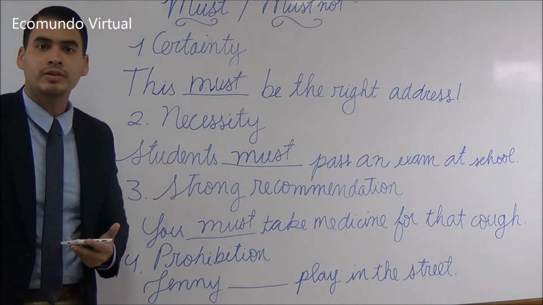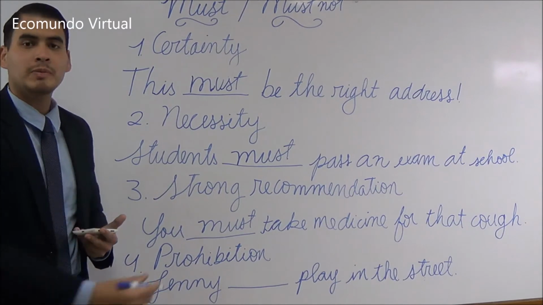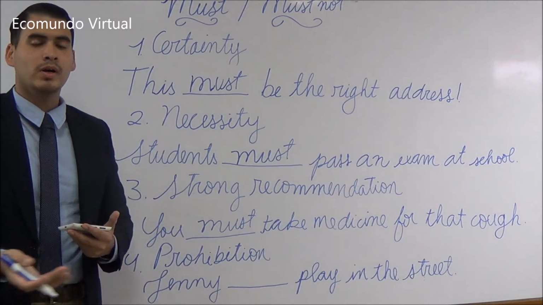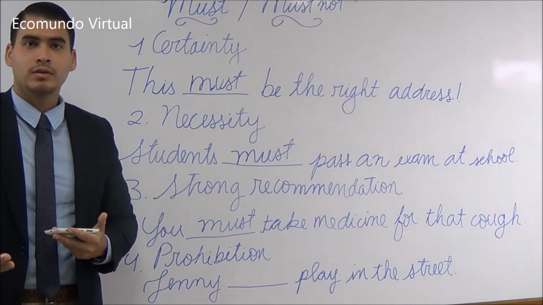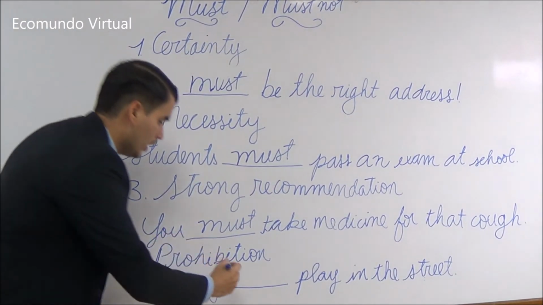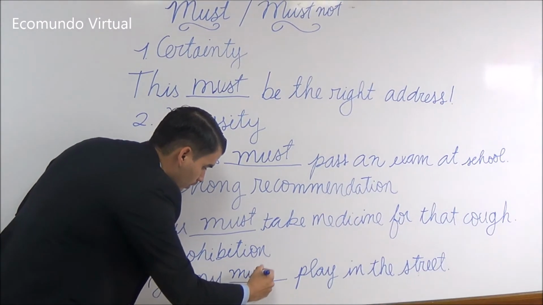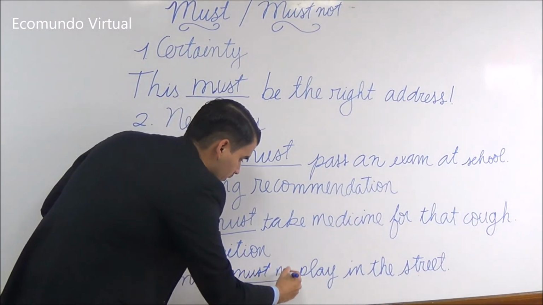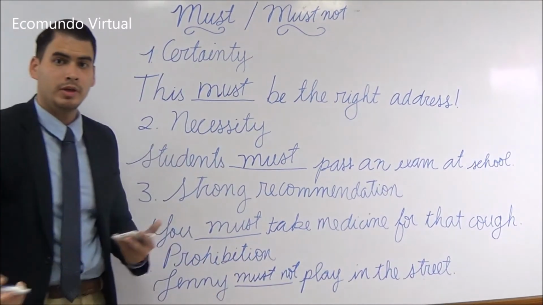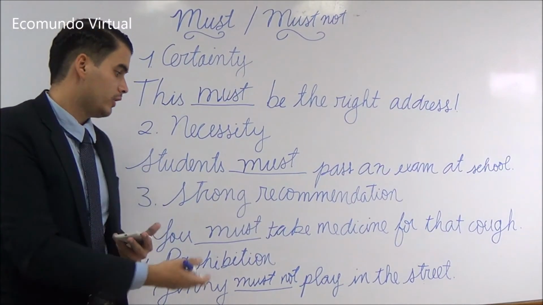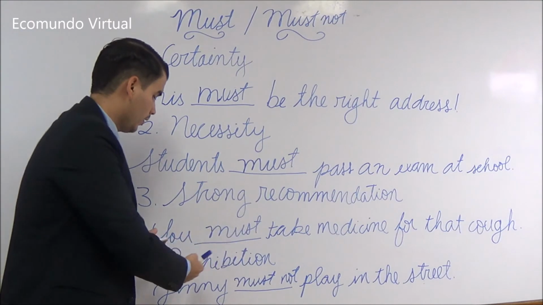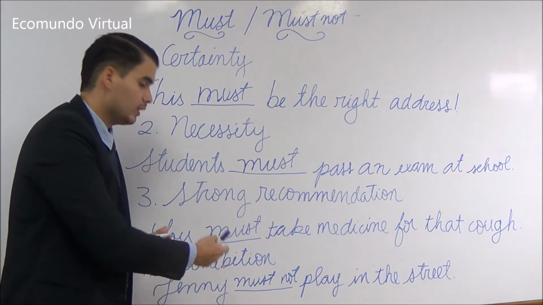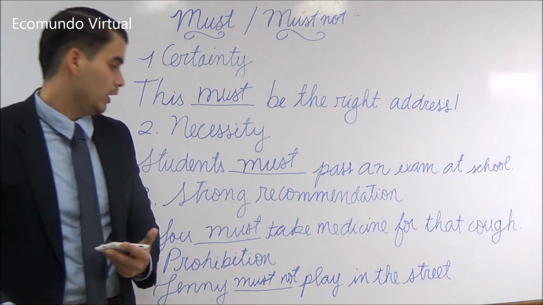Imagine that you have a little sister, and her name is Jenny, and your parents say, Jenny, you must not play in the street. It's a prohibition. It's dangerous for you, Jenny.